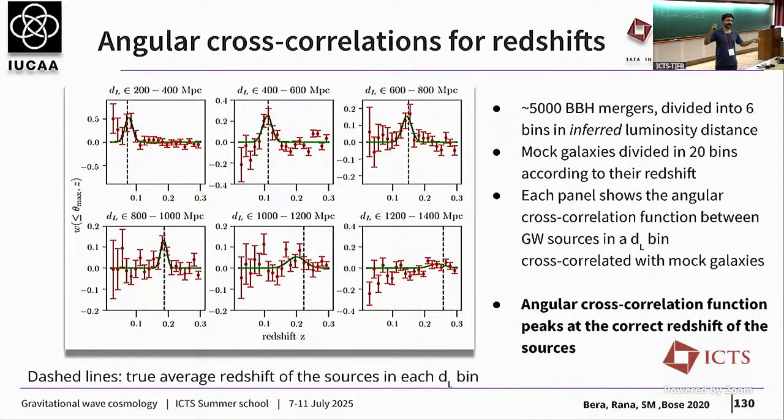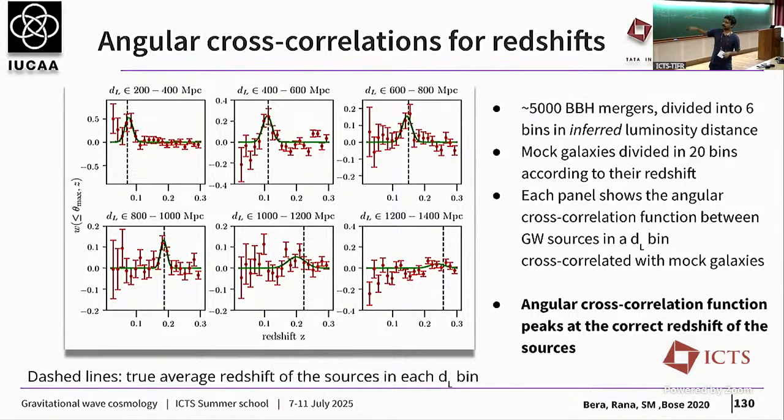So we had selected their host galaxies to be part of a dark matter halo within the numerical simulation. But what we did is we completely removed those halos from the simulation. So we only looked at the brighter masses, the heavier mass halos, and we carried out this exercise of measuring this cross correlation. And so you can see this was luminosity distance bin 200 to 400 megaparsec.